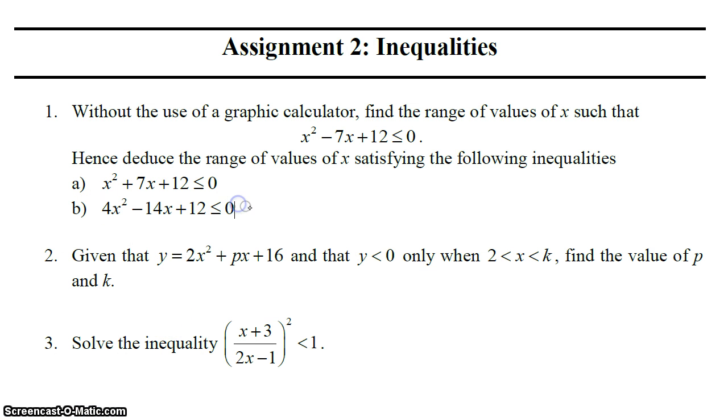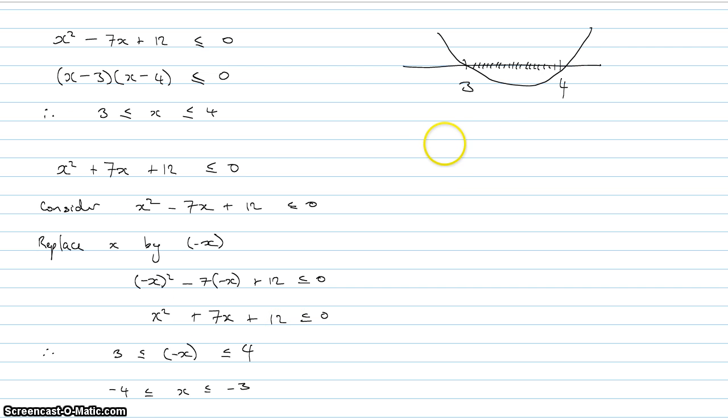Part B wants us to do something similar, so hence deduce the solution to this one. And we can see, so it's 4x squared take 14x plus 12 less than or equal to 0.